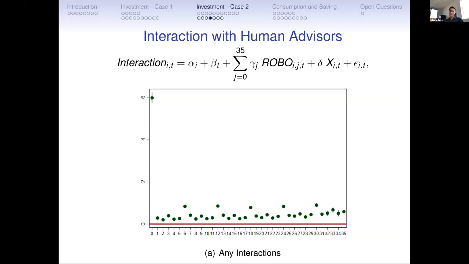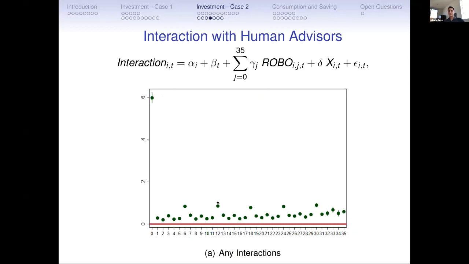And so one crucial aspect of that is that, depending on how wealthy individuals are, they will have very different levels of human interactions. So this is the interaction that humans have across all groups of investors.